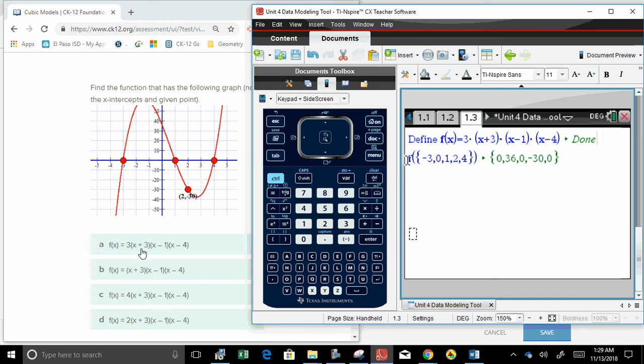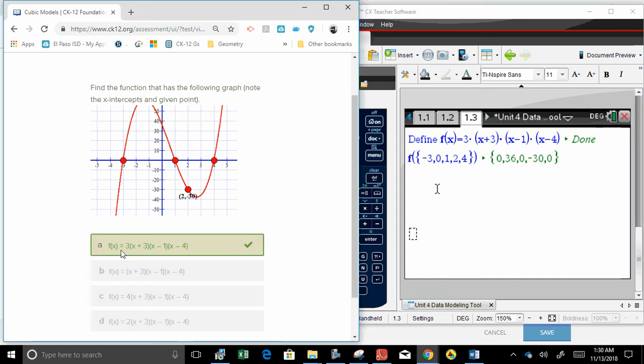It's 3 times x plus 3, x minus 1, x minus 4: x plus 3 for this point, x minus 1 for this point, x minus 4 for that point. If you leave it alone, don't put the 3, this is negative 10 here, but stretching it by 3, so that's the one.